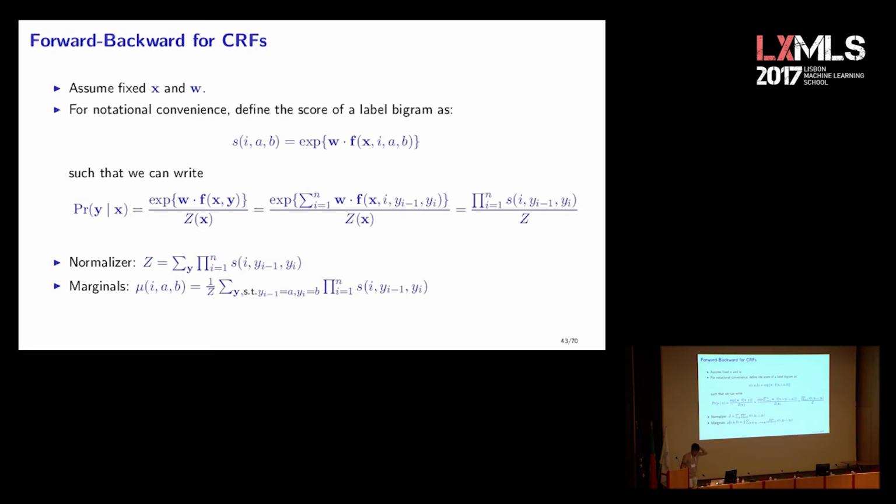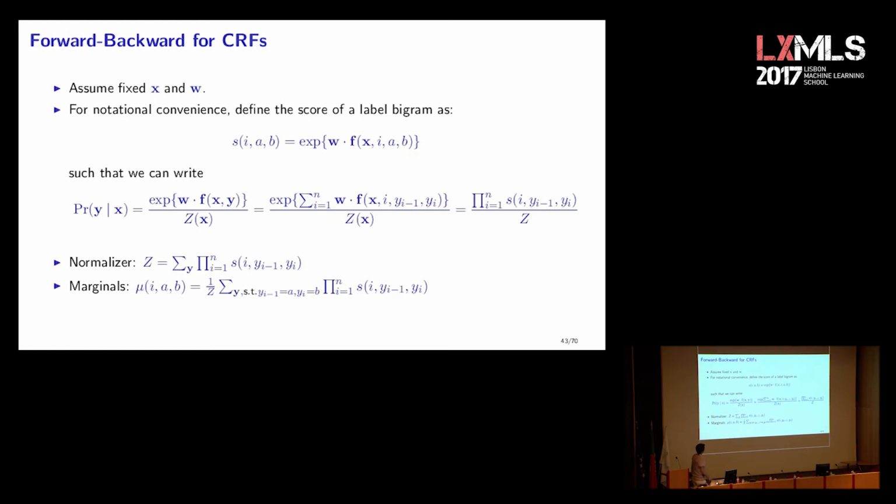Again, there are long equations here. I don't want you to be obsessed with these equations. The high-level picture is that I'm going to use a little bit of rewrite, as I did for the Viterbi algorithm, okay? Now, I have a fixed input and a fixed W, and for convenience, I'm going to write the score of a certain bigram at a certain position as the exponentiated linear score, okay?